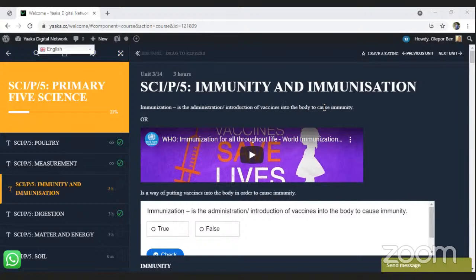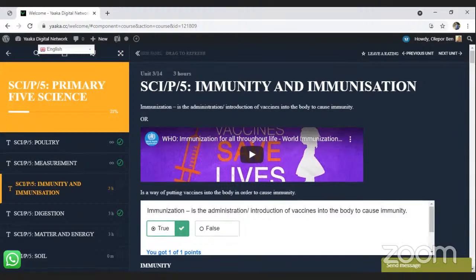This is what we have just said, and it is very true. So you are supposed to click true, and then it will give you the answer that you got 1 out of 1 points. If you put false, it will mark it wrong, definitely.